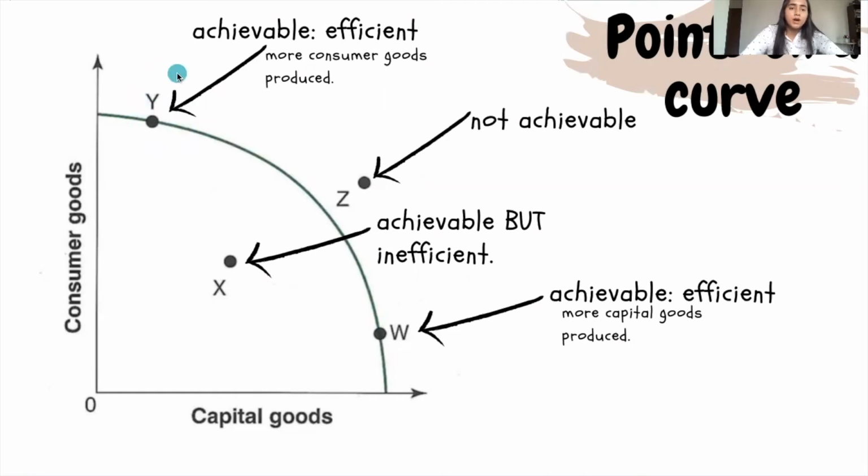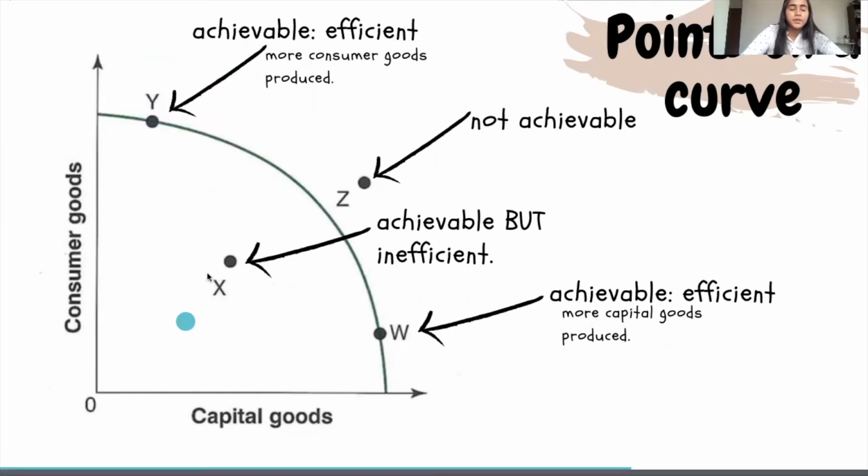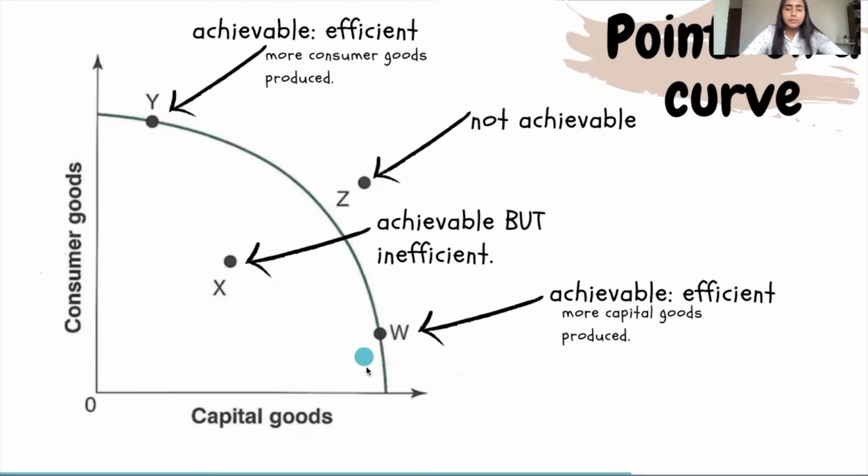Point Y is achievable and efficient, but there is more production of consumer goods. So again, as I said, there is very little production of capital goods. And point W, on the other hand, shows more production of capital goods, but less production of consumer goods.